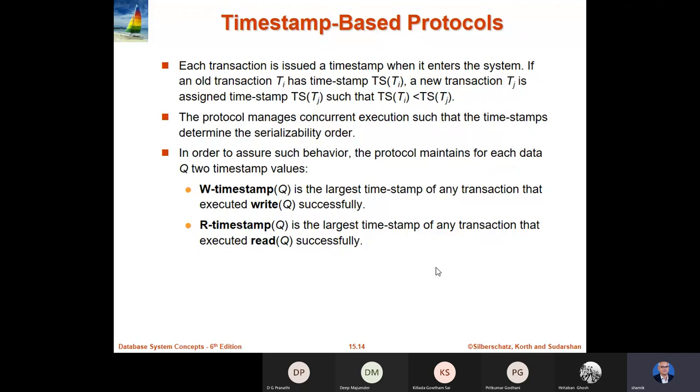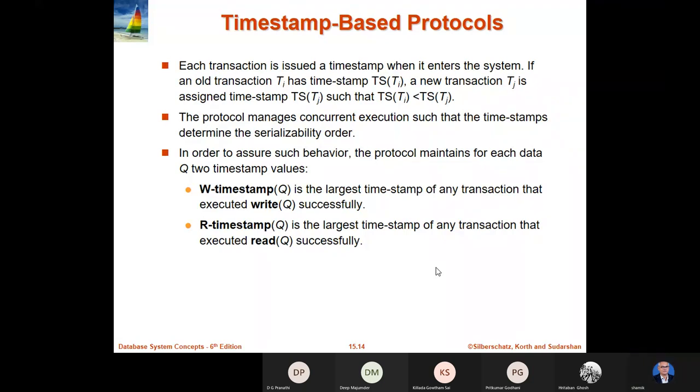It's a completely different kind of approach. In timestamp based protocols, each transaction is issued a timestamp when it enters the system. So a transaction starts its execution and it gets a timestamp.